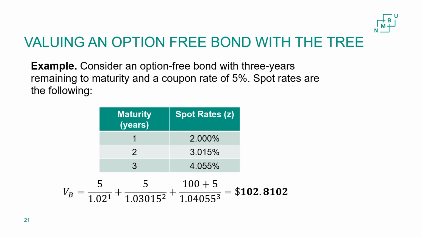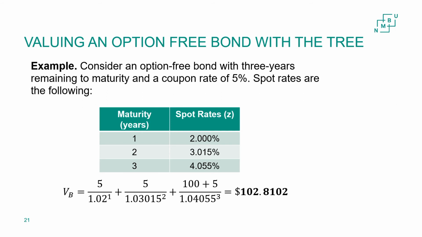Okay, so we have an ordinary bond with 3 years to maturity, and it pays a 5% coupon. So we have a series of spot rates, and the first year spot rate is 2%. The 2-year spot rate is 3.015%, and the 3-year spot rate is 4.055%.